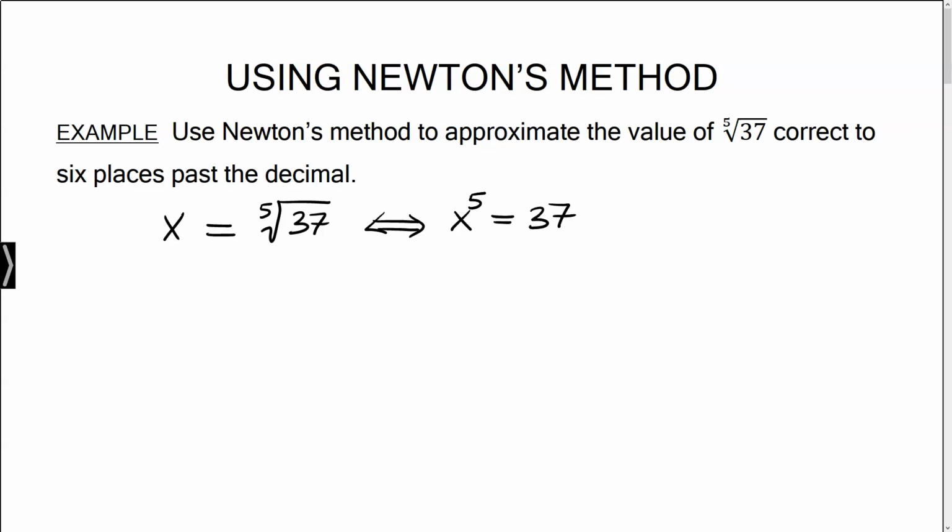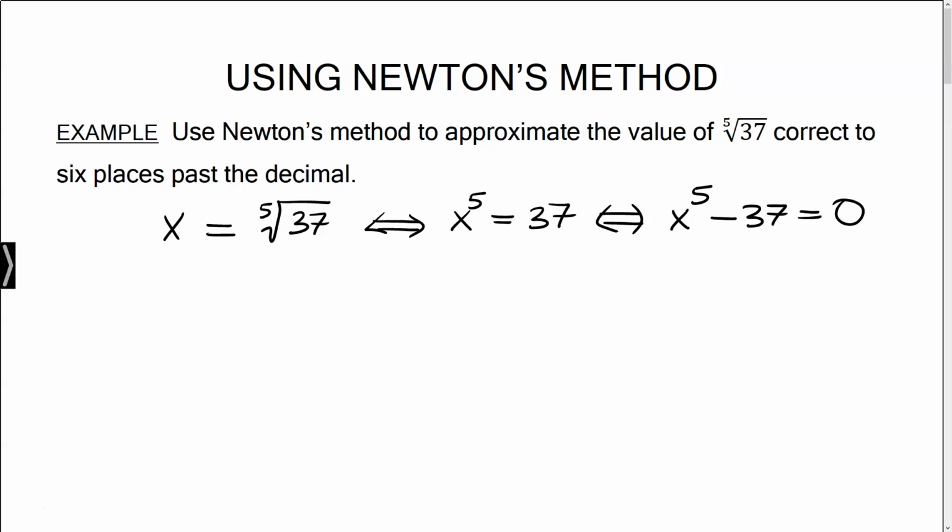Right, that's what the fifth root of 37 is. It's the number that, when you raise it to the fifth power, gives you 37. And that's a unique value because it's an odd power. And this is then equivalent to x to the fifth minus 37 is equal to 0.